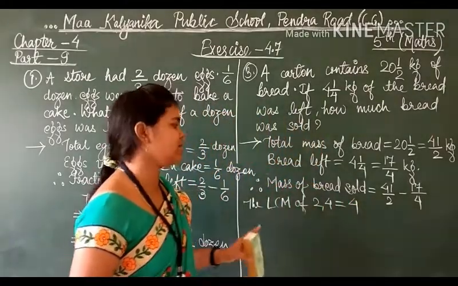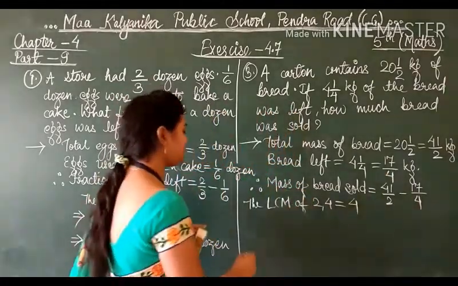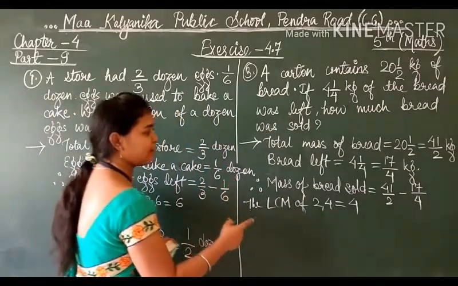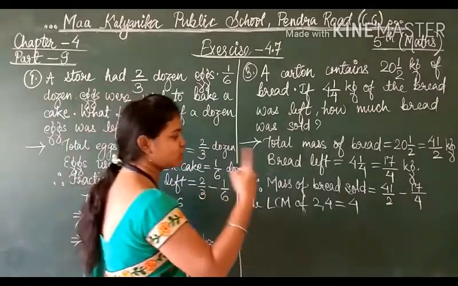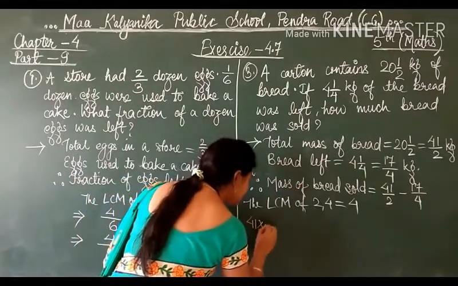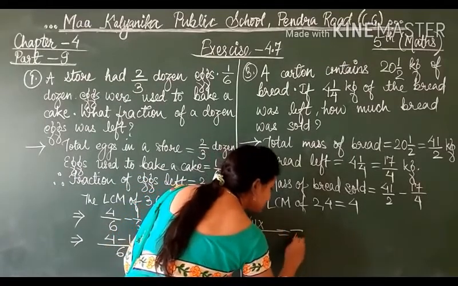Now 4 is the LCM, which means we want denominator 4 in both. So in rough you can solve: 41 by 2, you have to convert the denominator into 4. So in rough I am solving 41 multiplied by which number and 2 multiplied by which number to get denominator 4.